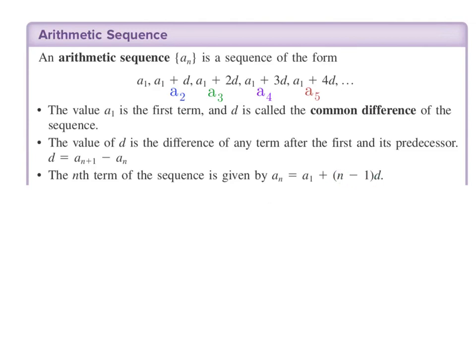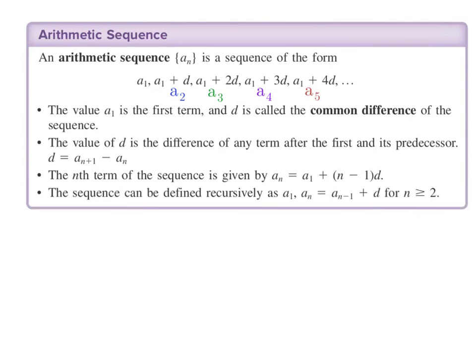So the number of d's that you multiply by to add to the very first term is always 1 less than the term I'm looking for. And that's what I was alluding to up here when I was talking about noticing how the multiplier is 1 less. It's because of this formula. Okay.